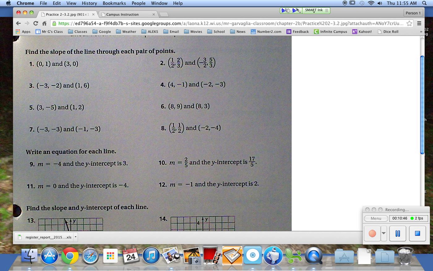Negative 8. What's negative 3 minus 1? Negative 4. Start working on it, it's stuff to work on. So we divide: negative 4 goes into negative 8 how many times? 2 times. Negative times negative is positive, so it'd just be 2.